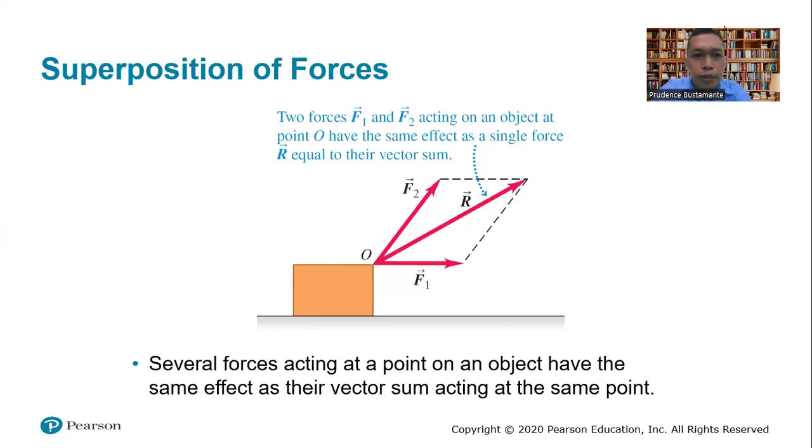Okay, kung naa kay two forces, F1 and F2, sa figure duha ka force acting on an object at point O have the same effect as a single force R equal to the vector sum. Sa atong chapter 1, di ba nag-plus plus ta og vectors? Ato nang resultant. Pwede nato i-plus ang kung pila ka mga force nag-act sa object, i-treat nato siya as just one.